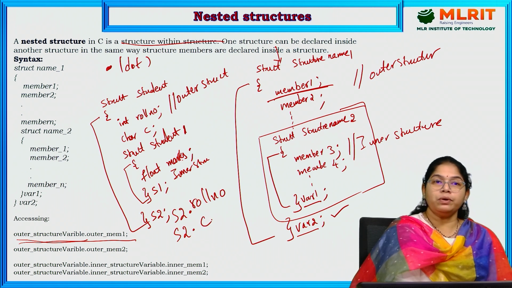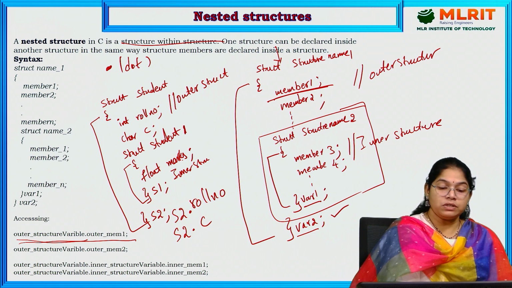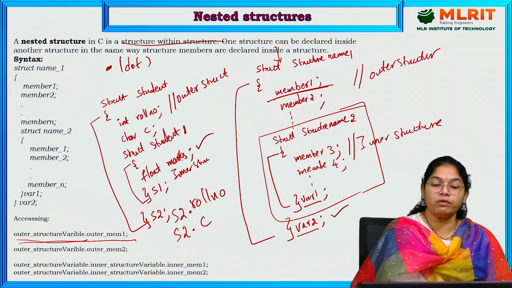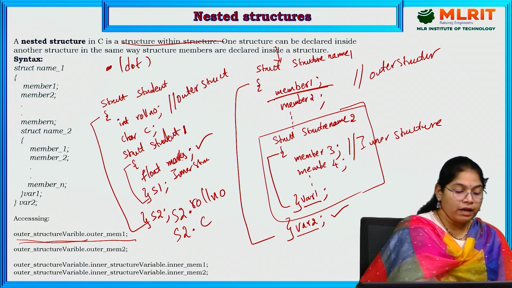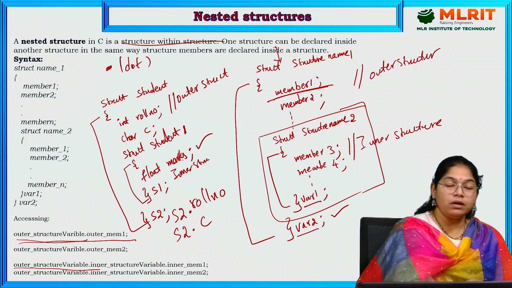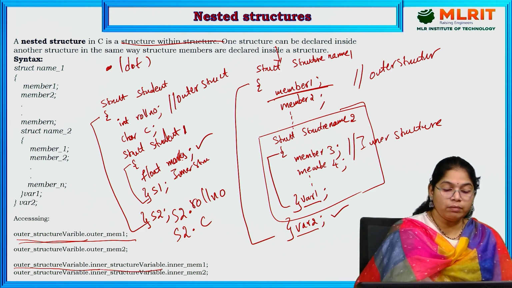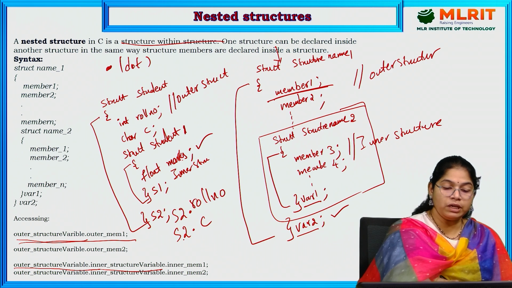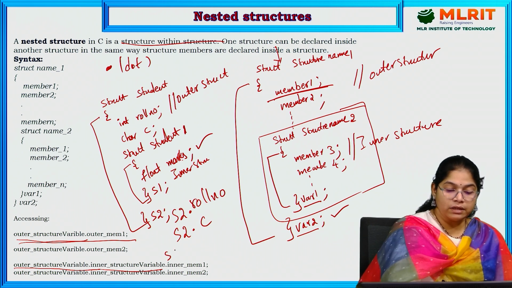If I want to access the inner structure member, we have marks here. I created only marks as a member of the inner structure. To access that member, we have to use outer structure variable dot inner structure variable dot inner structure member. So the outer structure variable here is S2.